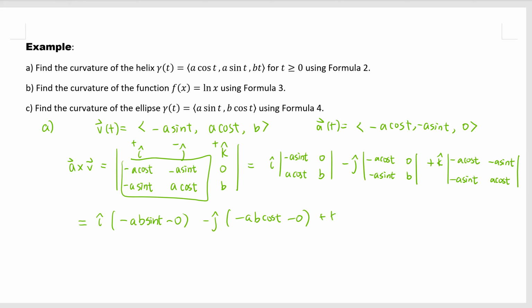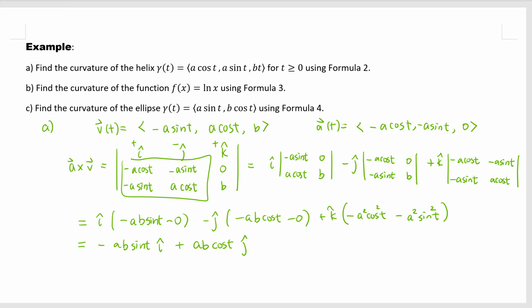And k, we have cross multiply, so negative a squared cosine squared, right? But then minus negative becomes positive a squared sine squared t. Now what happened? We have negative ab sine t i, minus minus becomes plus, plus ab cosine t j.